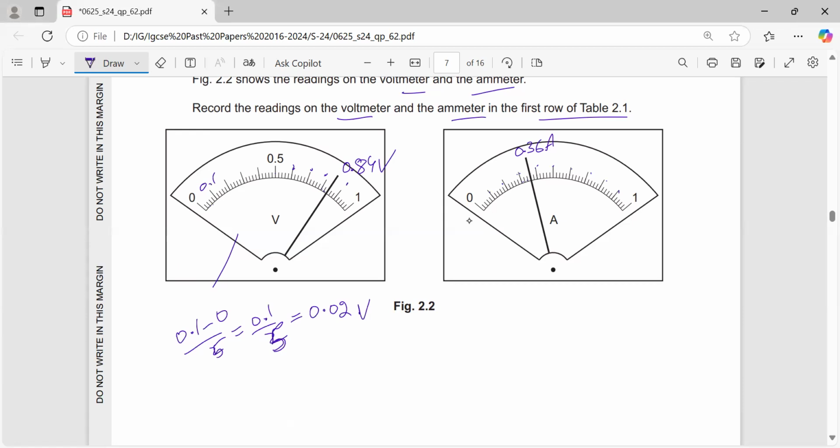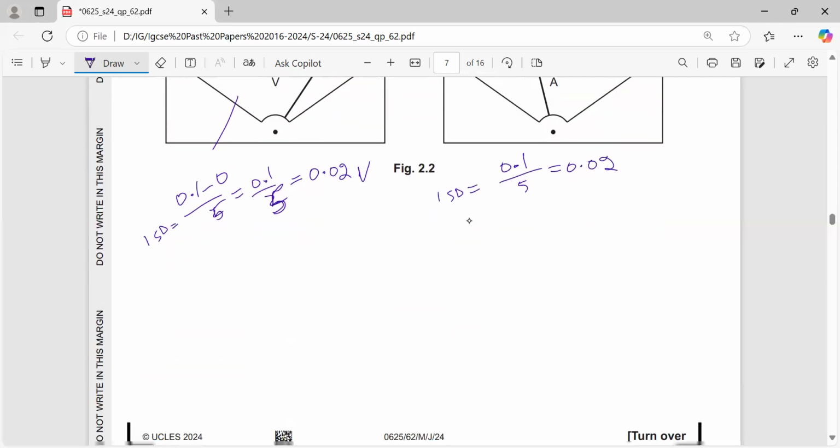So now, 0.5, 0.6, 0.7, 0.8, so 0.82, 0.84. Same is the case here. See, this is 0.1, so 0.1 divided by 5, again 0.02. So this is 0.3, so 0.32, 0.34, and this value 0.36. Like this, you can find what one small division is. Here also, they are the same because exactly the same scale is there. Only one is for the voltmeter, the other one is for the ammeter.